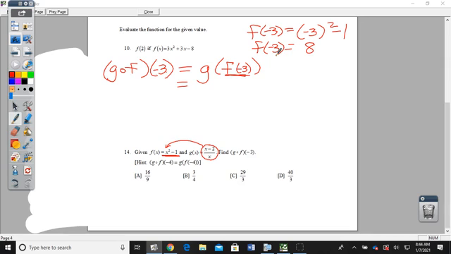So I take this 8 and I plug it in for f of -3 there because they are equal. Since they're equal, I can substitute them. I'm now finding g of 8, because f of -3 is 8. And I take g, which is x minus 2 over x, and I plug in my 8. And it reduces to 3/4.